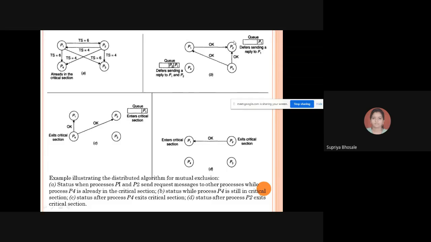Why? Because P2 is having timestamp of 4 and P1 is having timestamp of 6. Definitely 4 is less, so after execution of this the 4 wala will execute. So that's why P2 will put this P1 message into his queue over here. Fine. And now here the P1 will say okay, now you can enter into the critical section.